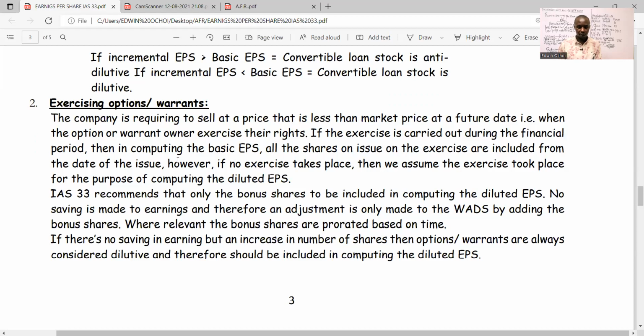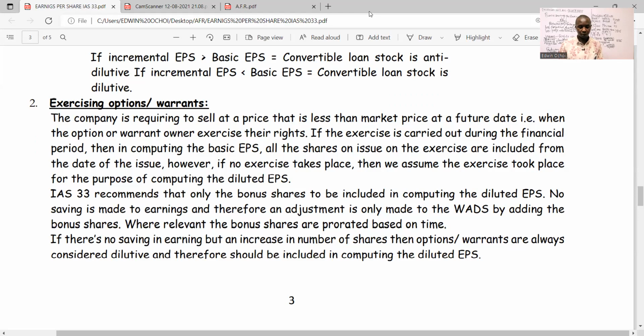If they exercise, we include them. However, if no exercise takes place, like now in our scenario, then we assume the exercise took place for the purpose of computing diluted earnings per share. But for basic earnings per share, it will not be affected.